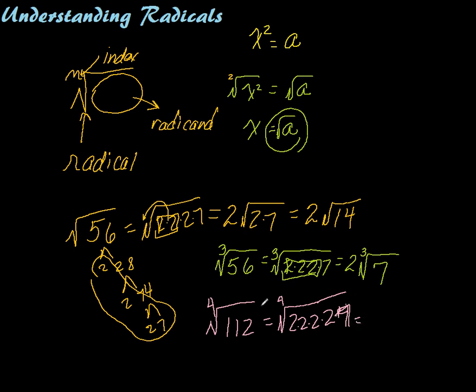So now I'm looking for 4 factors exactly alike inside. I have four 2's. To bring them outside, I bring 1 out, and I leave whatever's left inside, again, the 4th root of 7. And that's basically all there is to doing these. Now we're going to do some more with variables later on in another video.